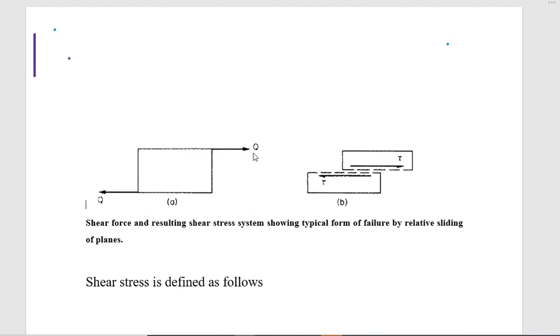It is going to be observed that shear stresses tau, like for example in B, are going to set up and will shear the material. So this material is going to fail under shear stress.